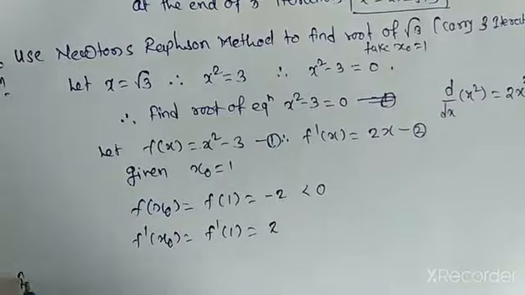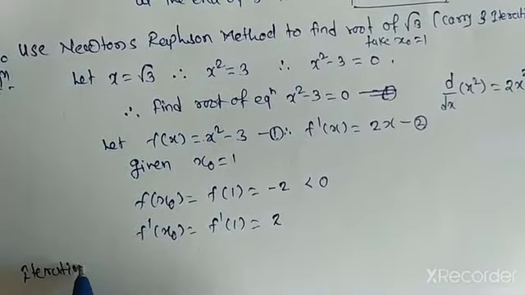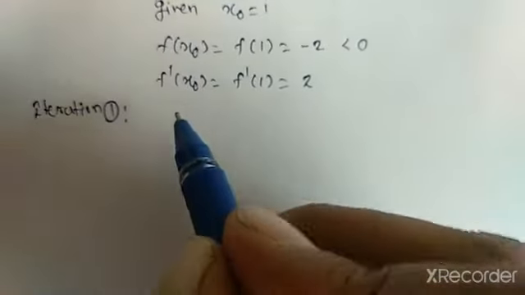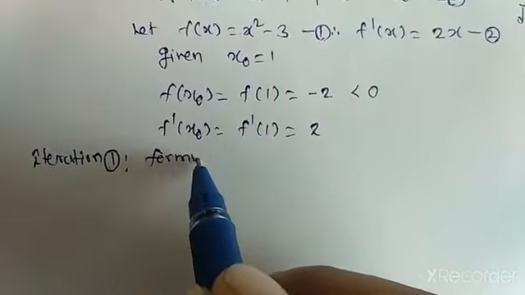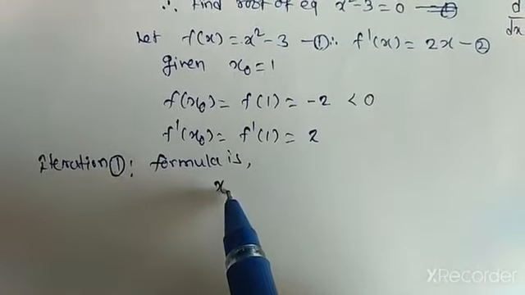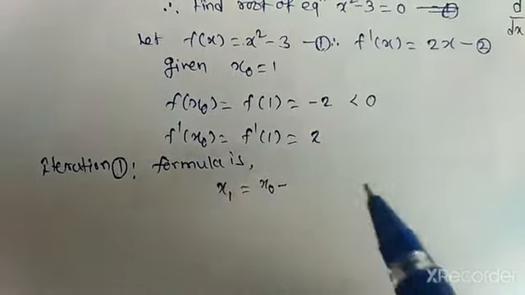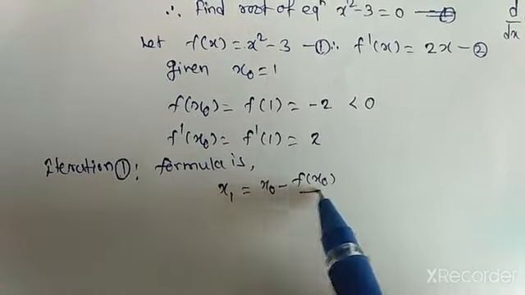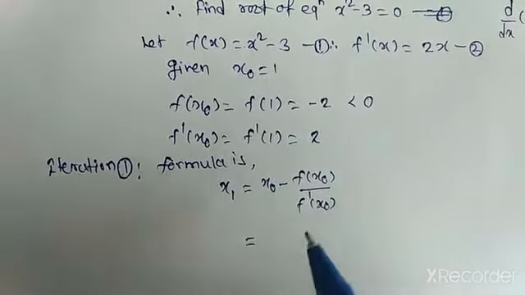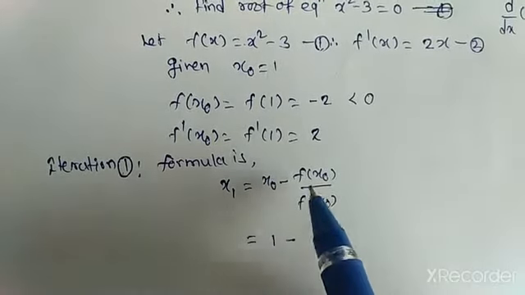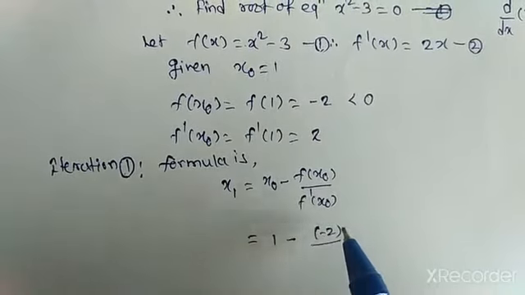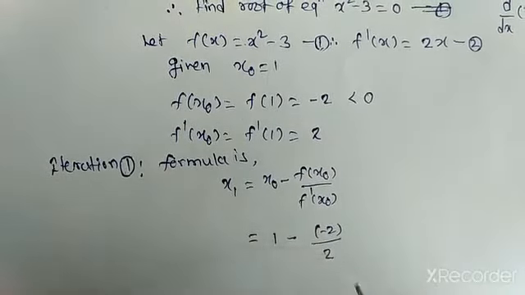Therefore in iteration 1, the Newton-Raphson formula is x1 equal to x naught minus f of x naught divided by f dash of x naught. That gives x naught is 1, minus f of x naught which is minus 2, divided by f dash of x naught which is 2.